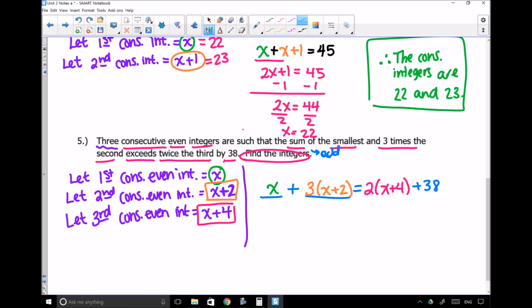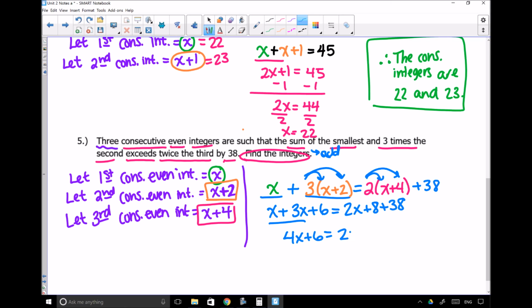Okay, hopefully that makes sense to you. Now I'm going to go ahead and do my distributing. So I end up getting x plus, this becomes 3x plus 6 equals, this becomes 2x plus 8 plus 38. Okay, put these together, you get 4x plus 6 equals 2x, these are like terms, plus 46.